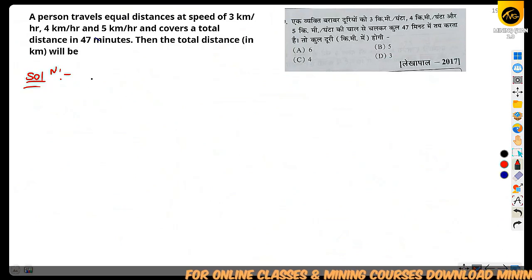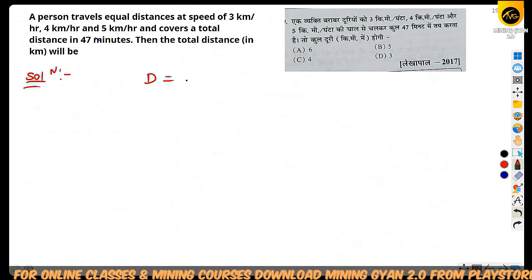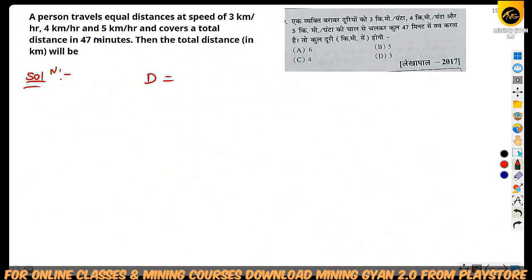So it's basically an average. First of all, the formula to be used in this question is the basic formula S into T is equal to D. That means we have to find out the distance. Total distance. So to find the distance, we have to use S and the time duration.